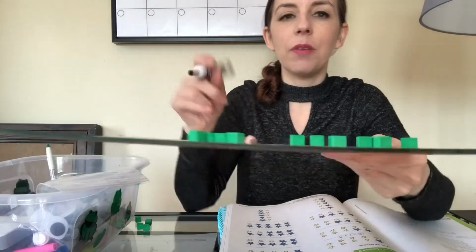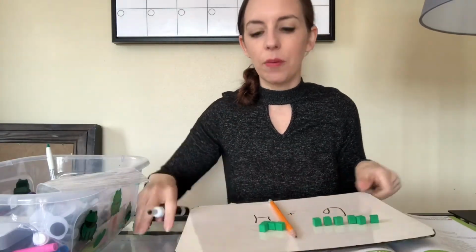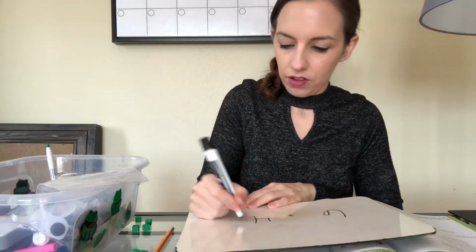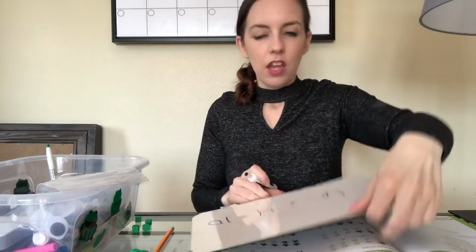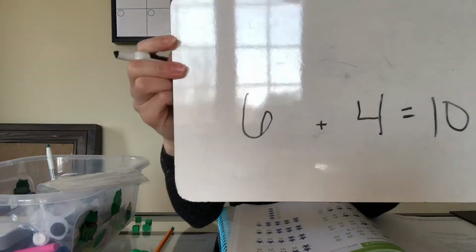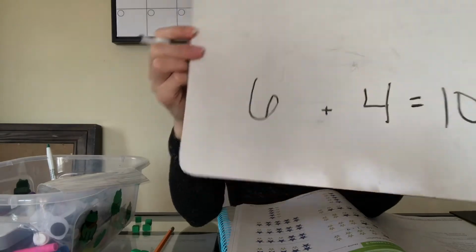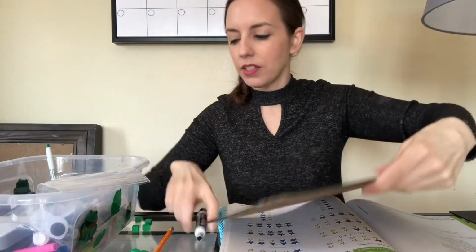And that will tell me one kind of number partner of 10. So if I take these off, I would say that 6 and 4 equals 10. So 6 and 4 are number partners of 10.